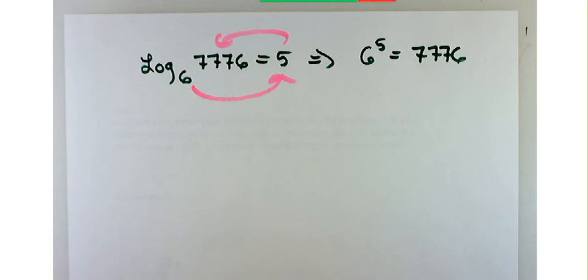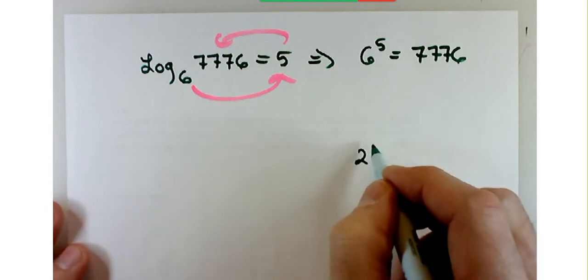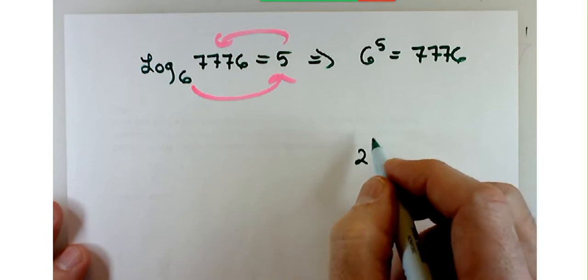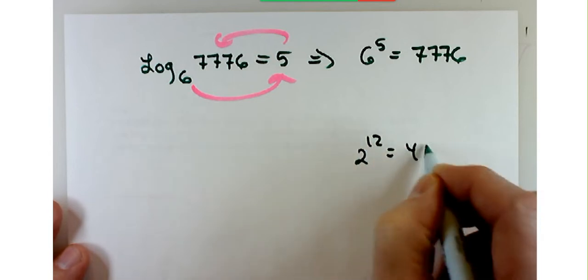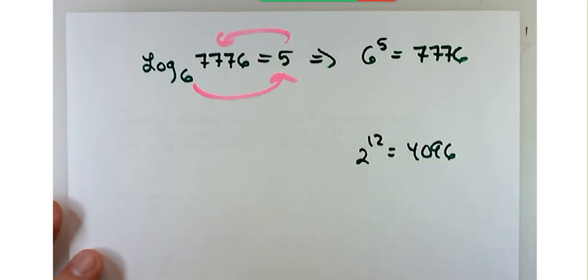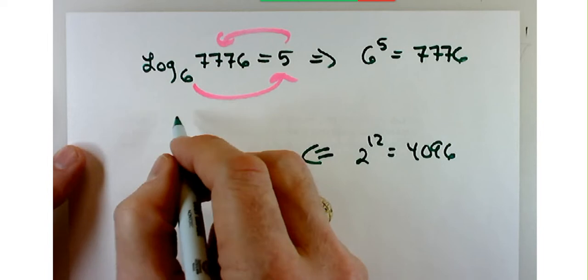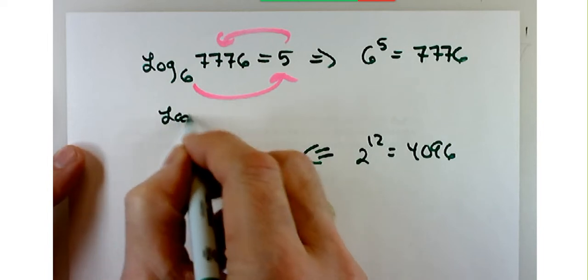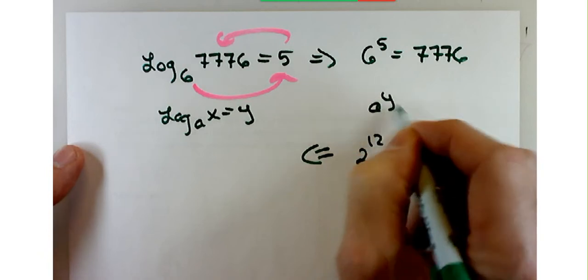I could also start out with something over here, like 2 to the, let me think of something big, 2 to the 12th power equals 4,096. How would you write that using logs? So that's going the other way. Here we start out with exponentials. Log base a of x equals y, a to the y equals x.